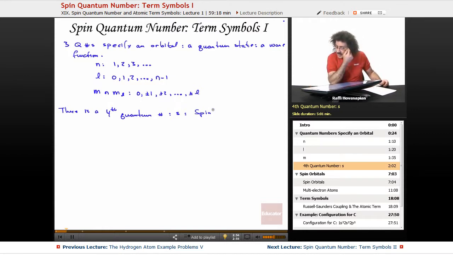In your books or in any discussion online, they're going to talk about how an electron has this intrinsic property called spin. If you want to correlate it with why we chose the word spin, you can think of an electron as a ball, and a ball is spinning. A ball can spin in 2 directions. It can either spin to the right or to the left.